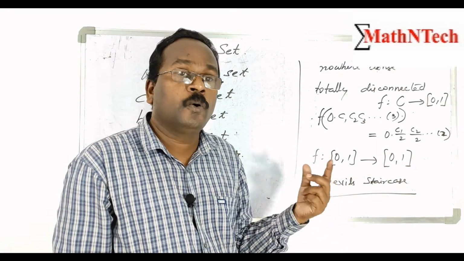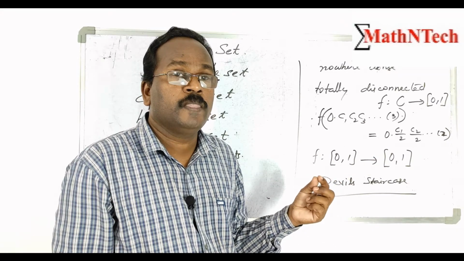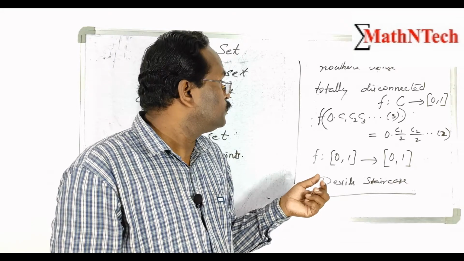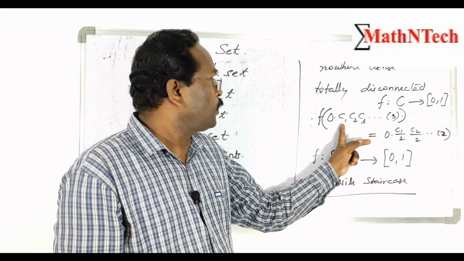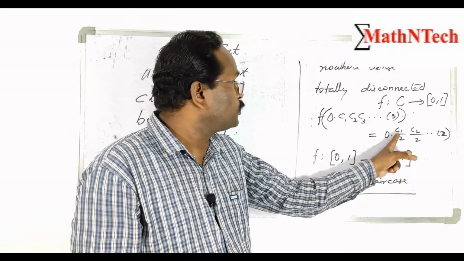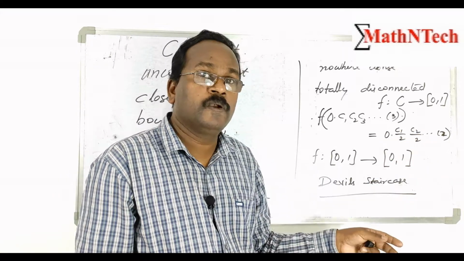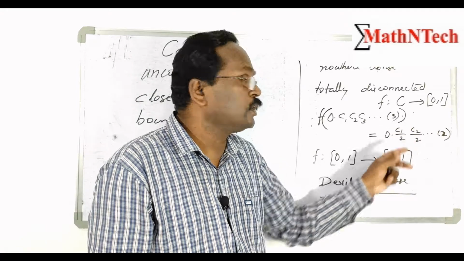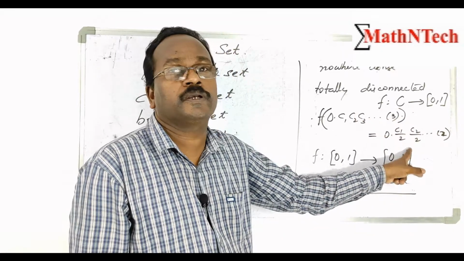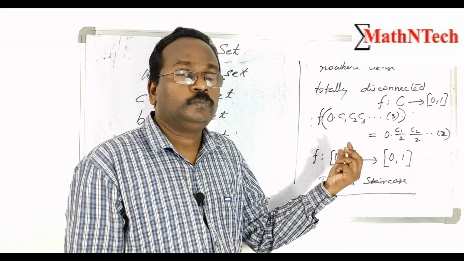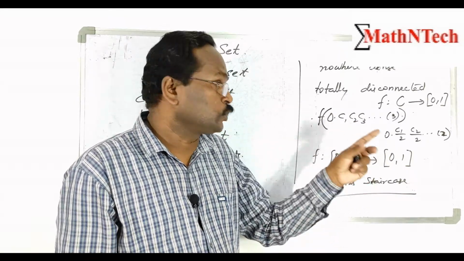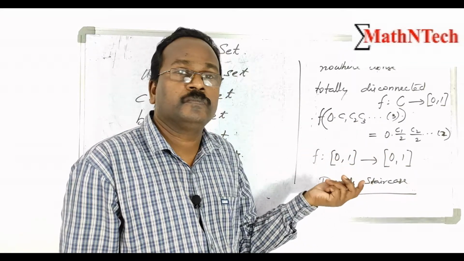Ternary expansion only using the digits 0 and 2. So a function is defined like this: f of 0.c1c2... equals 0.(c1/2)(c2/2)..., so 0 and 2 become 0 and 1. So ternary into binary. This function is onto, not one-to-one, it is onto, continuous.